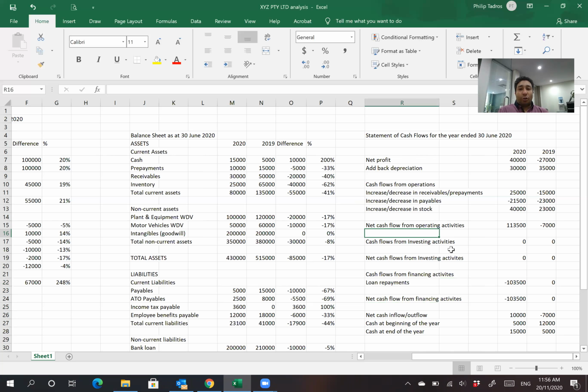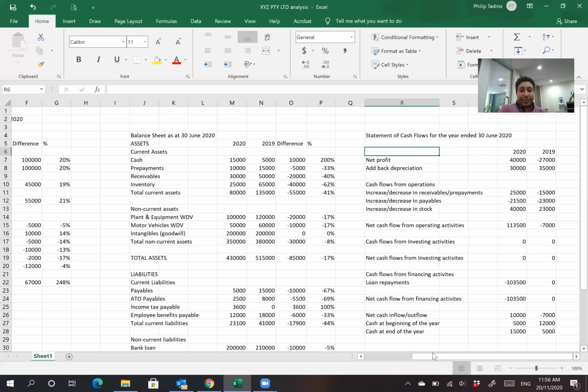You're taught the indirect method, where you start off with the net profit in the income statement. Now, whether you start off with a net profit before tax or before depreciation, all these sort of things, it does not matter. There's no prescribed way in how to do this, but we recommend the net profit after tax.